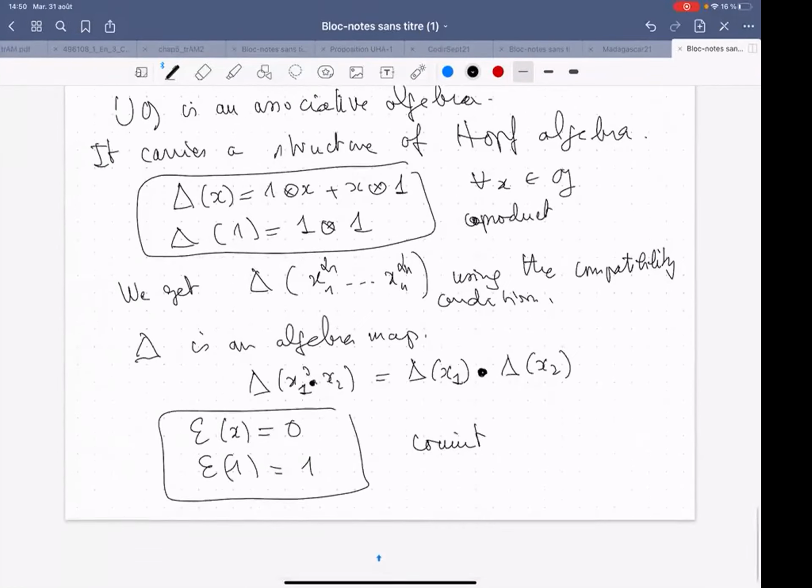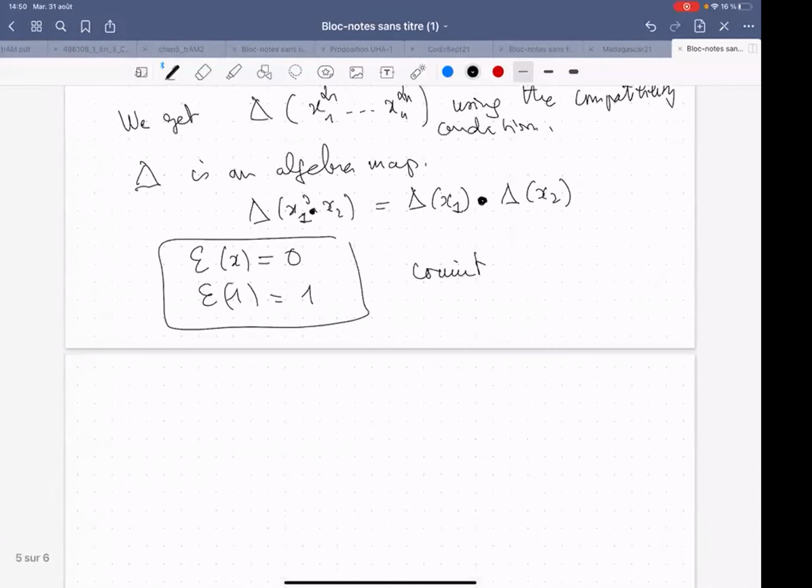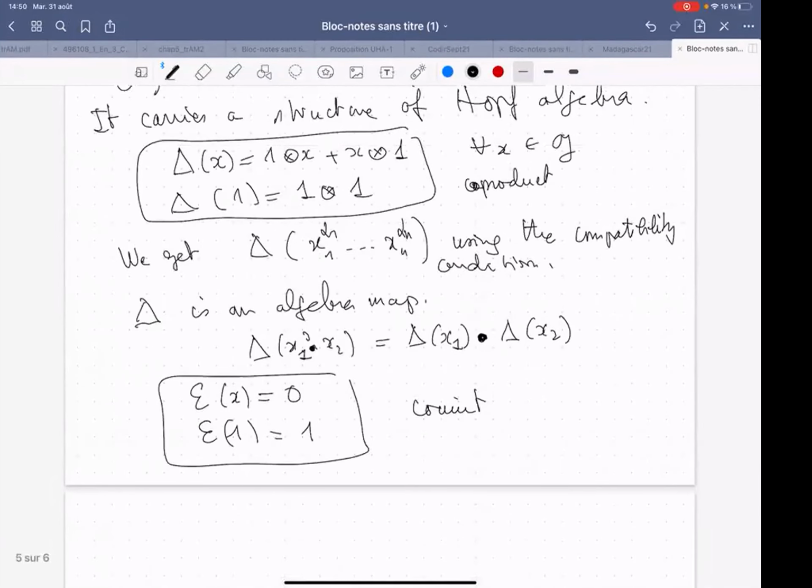And what we need now is to define the antipode, because using the multiplication, the unit, the co-multiplication and the co-unit, what we get is a bialgebra.